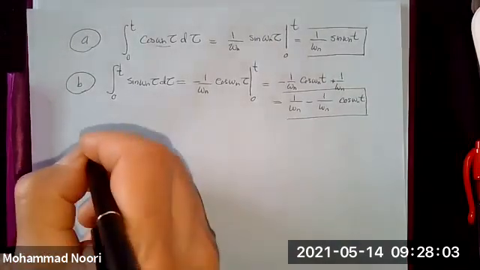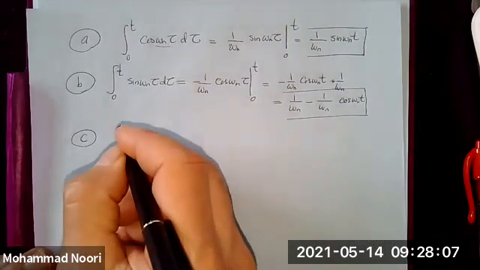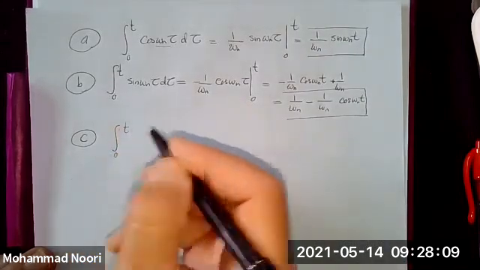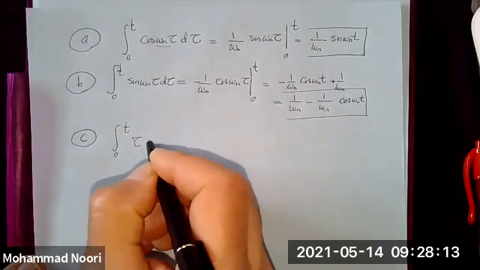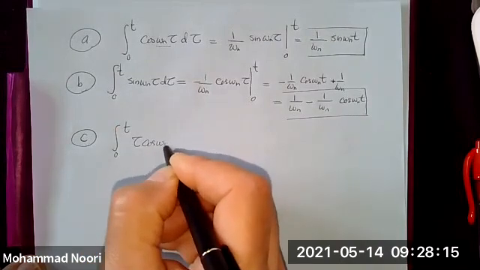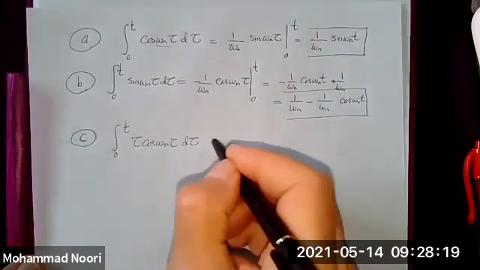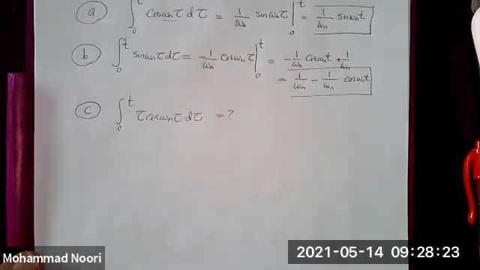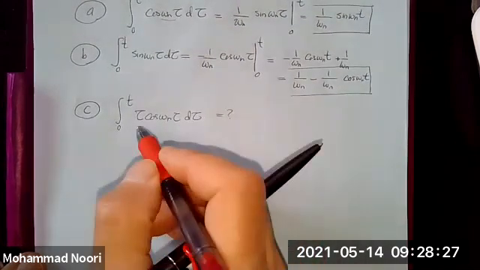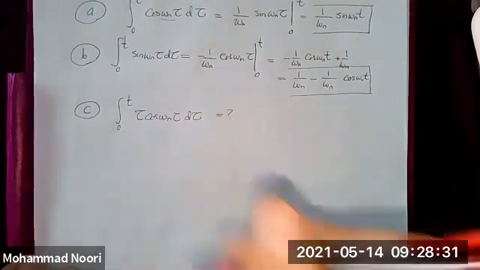Let's now go to the third one, C. That is an integral of this form, tau cosine omega n tau d tau. How do you evaluate that integral? Remember from calculus, this is a product of two functions, so we need to use integration by parts.